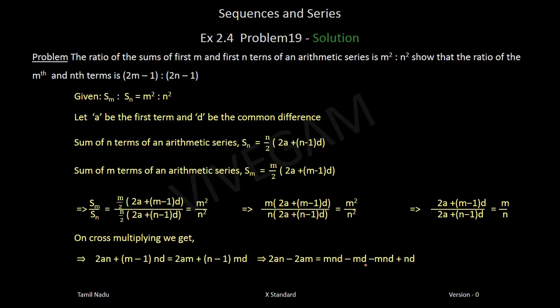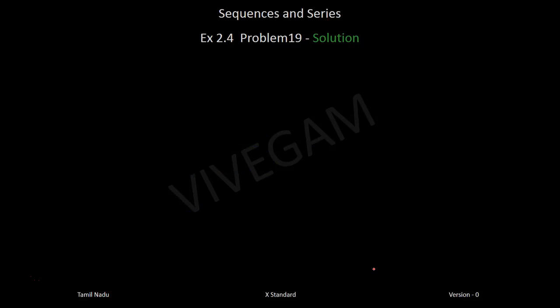So you take 2a commonly out, and you take d commonly out, which gets you 2a into n minus m equal to d into n minus m. So this n minus m and n minus m cancels. You get 2a equal to d.